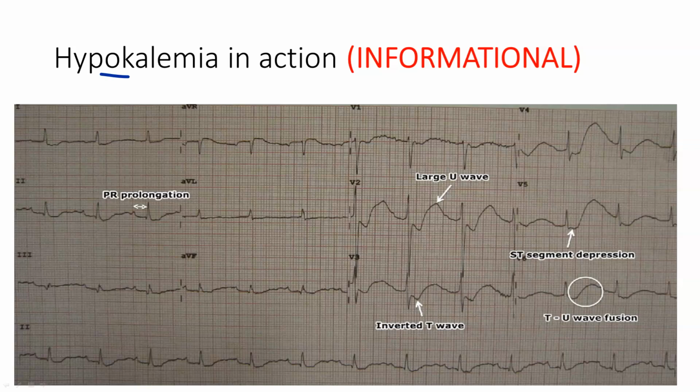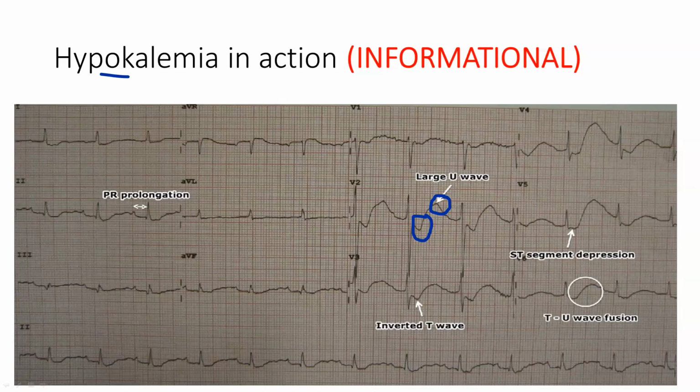Well, this is just called a large U wave. I don't really teach my students about U waves, but what I do see is that here is the T wave, and then all of a sudden I have this other wave, and it's generally because of hypokalemia.